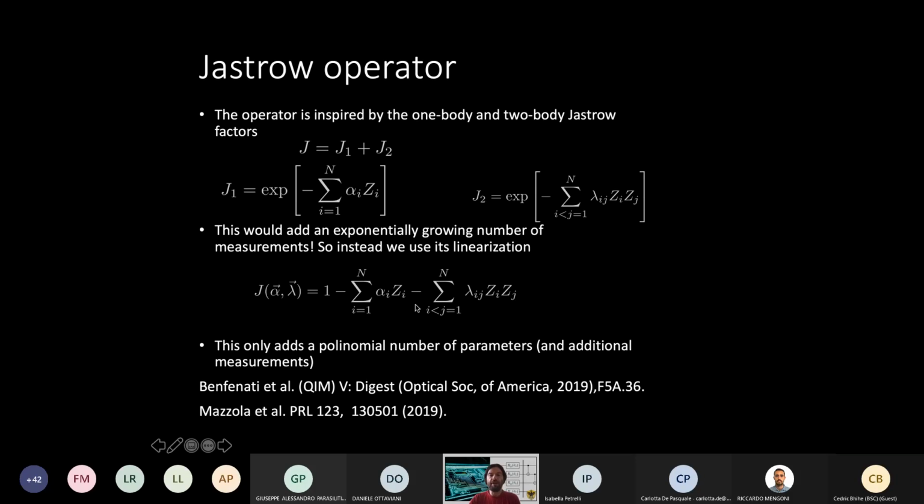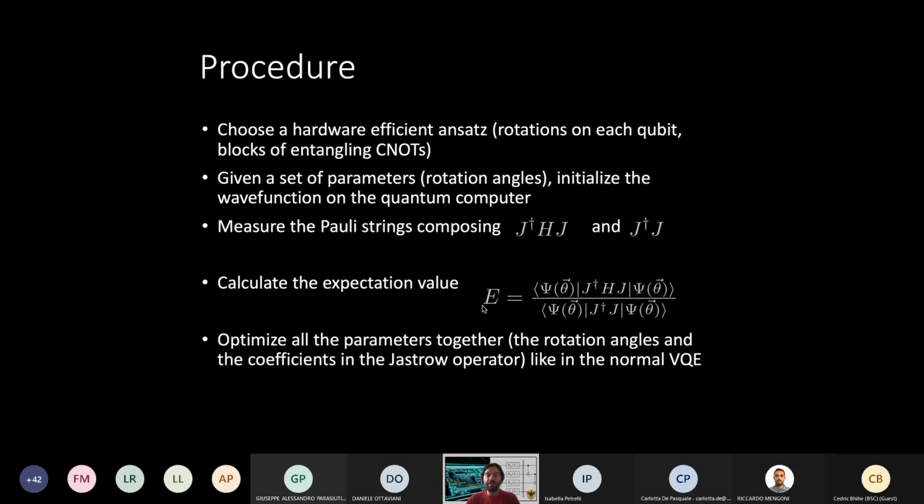So basically we have other additional parameters, which are these alphas and these lambdas. We don't only need to evaluate Pauli strings of our Hamiltonian, but in addition we have to evaluate Pauli strings of our Hamiltonian which also has this operator here.